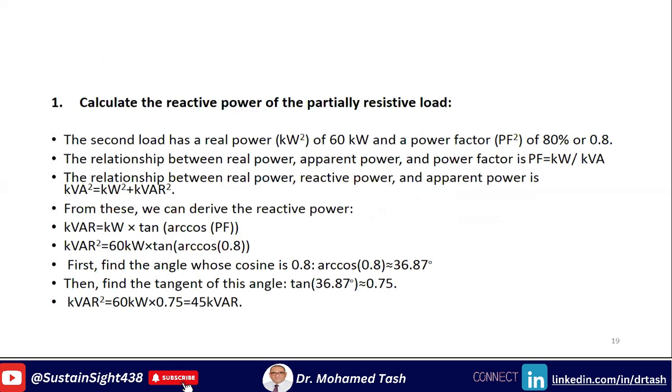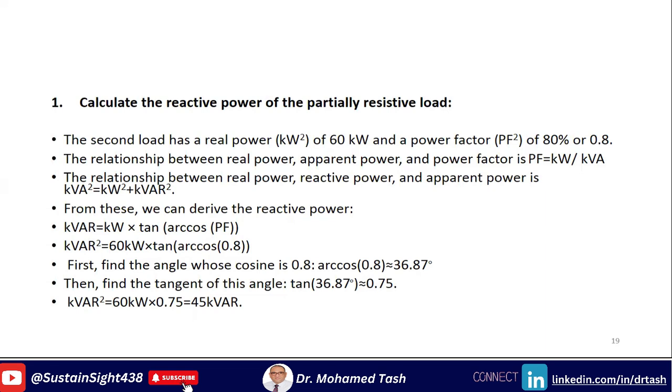Here we have the second load, which has a real power of 60 kilowatt and a power factor of 80%. The relationship between the real power, apparent power, and power factor is that the power factor is the real power over the apparent power.